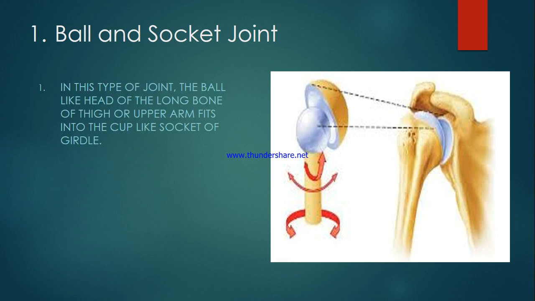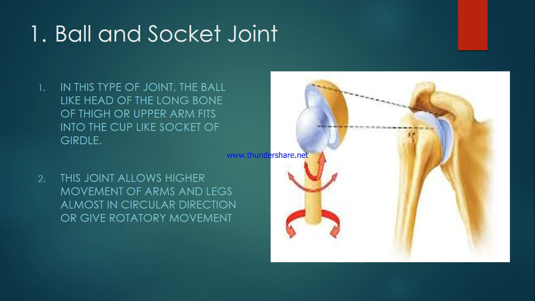As you have observed in the given diagram, in this type of joint, the ball-like head of the long bone of the thigh or upper arm fits into the cup-like socket of the girdle. This joint allows higher movement of arms and legs, almost in a circular direction, or gives rotatory movement.